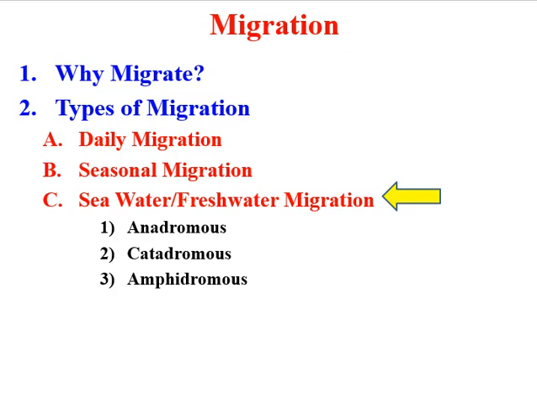This is where we got the other day, up to the point where we're talking about migration for marine organisms that go back and forth between freshwater and seawater, or at least spend part of their time in freshwater and part of their time in saltwater. So basically the pattern is that you can spend most of your life in freshwater and then migrate out to saltwater, or the other way around.